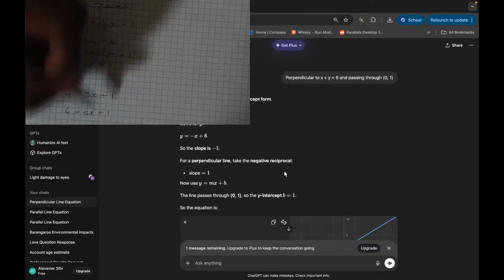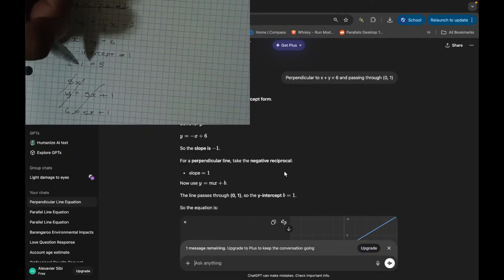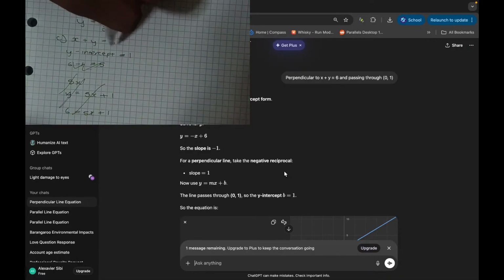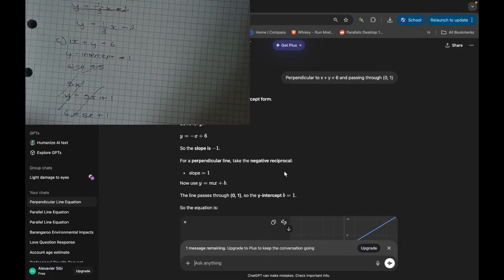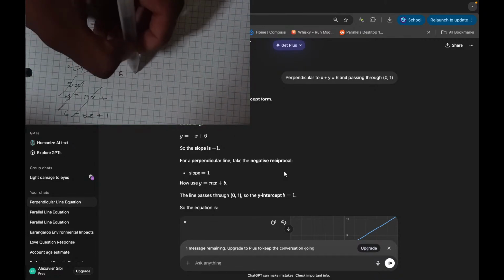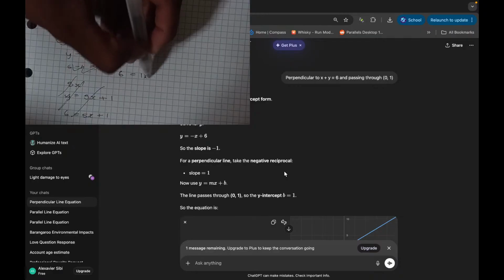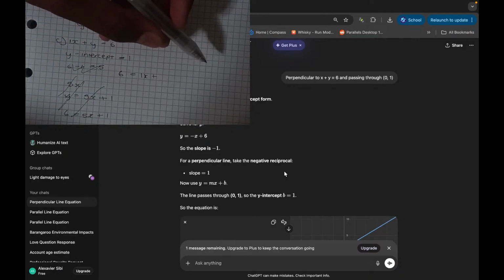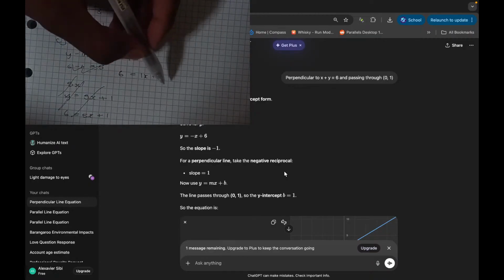Scratch this from this. And then this. Wouldn't that just be 1x? Yeah, it would be 1x. So then it would be 6 equals 1x plus 6 plus 1.